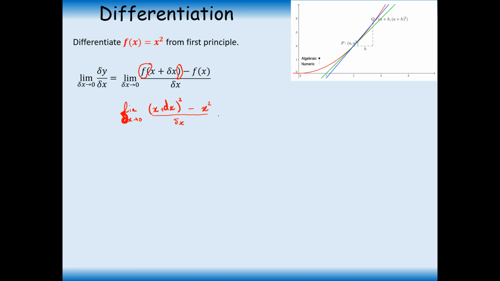All right, so when we expand this bracket, we're going to have x squared, two lots of delta x multiplied by x, so not to get confused, and the delta x itself is squared, and we are subtracting x squared, and this d is the same over here as that d here.